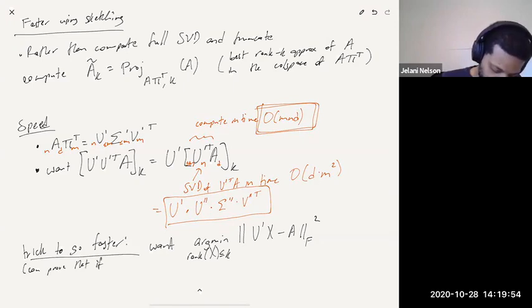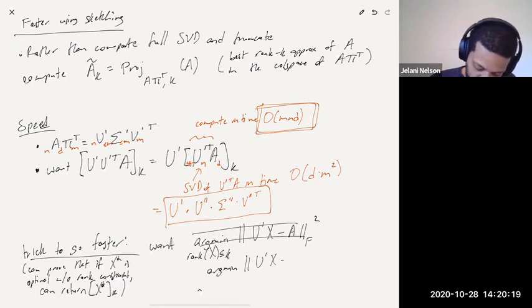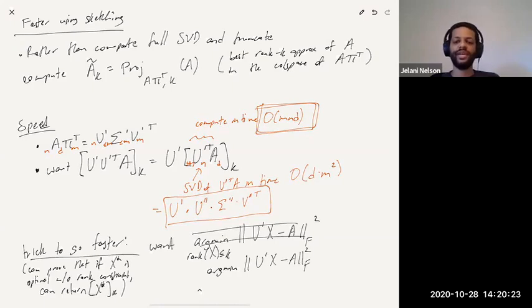So you can prove that, let's say X star is the optimum without rank constraint, you can just return X star, take the best rank K approximation of that. So instead we can say, look, we just want actually the argmin of the Frobenius norm squared of U prime X minus A. Okay.